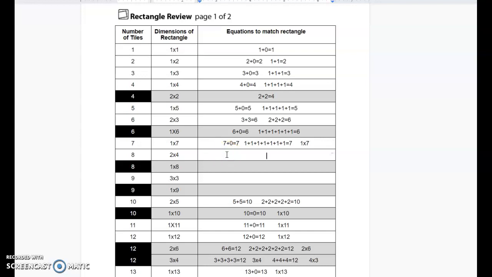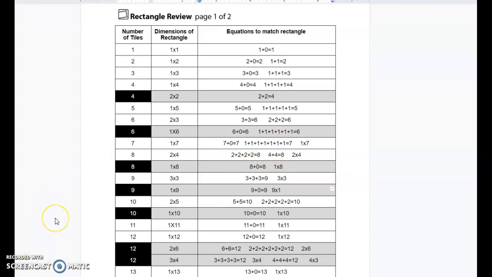For our rectangle made of 8 tiles, you could have written some equations that look like this to show our 4 columns of 2 tiles equals 8, or our 2 rows of 4 tiles to equal 8. You could have also just written 2 times 4 to show that 2 rows of 4 is the same as 8. For our long skinny rectangle of 8 tiles, you could have written 8 plus 0 equals 8, or 1 times 8.